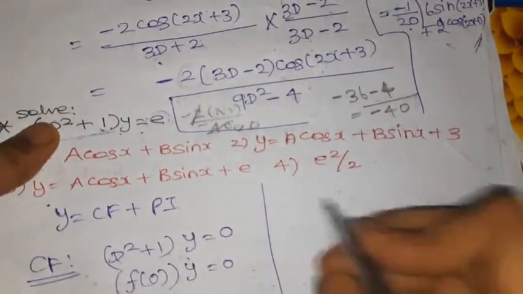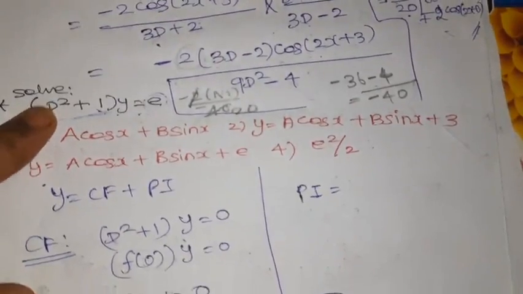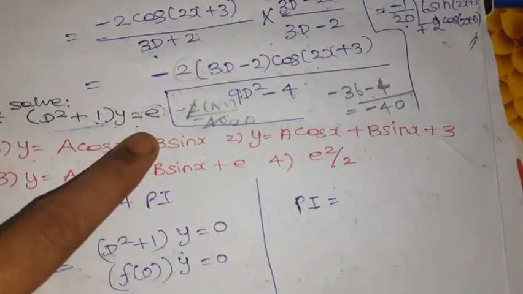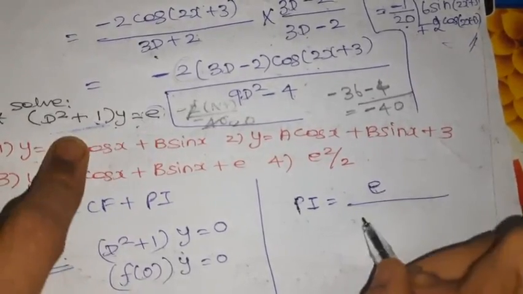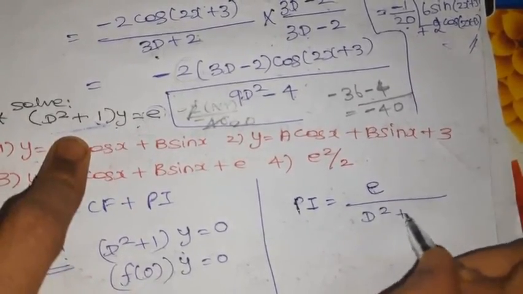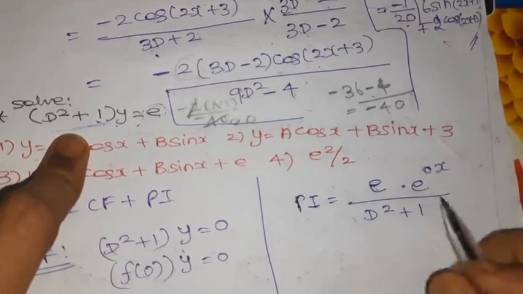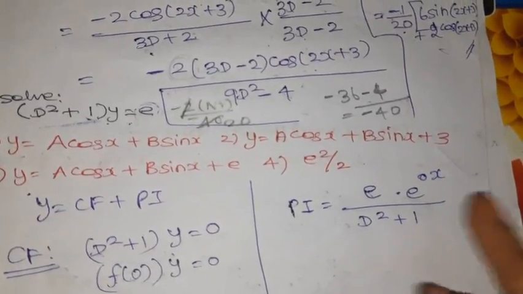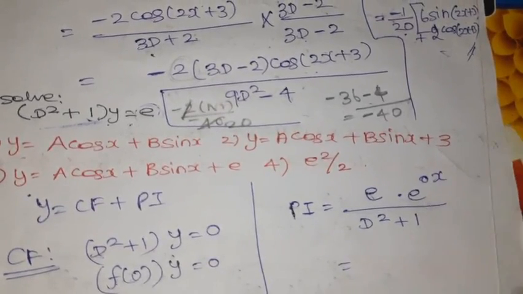Then we need to find the particular integral. For the particular integral we need to use the RHS. RHS is only e, divided by f of D, D squared plus 1. We can write e power 0x, which equals e power 0 equal to 1, so it will not affect this term.